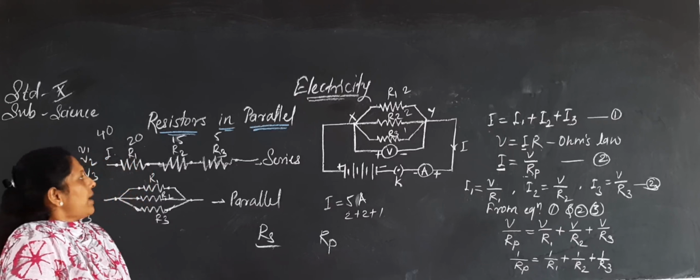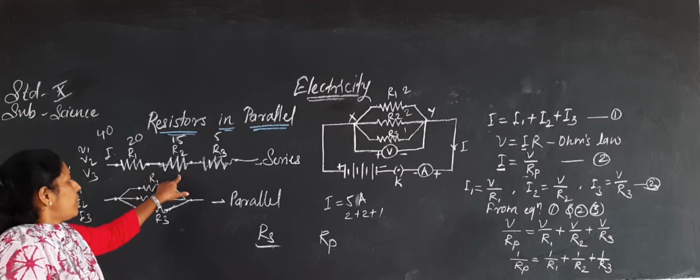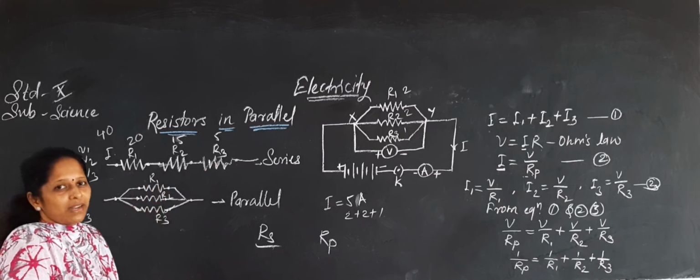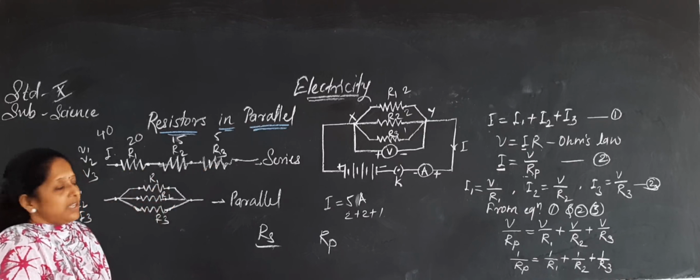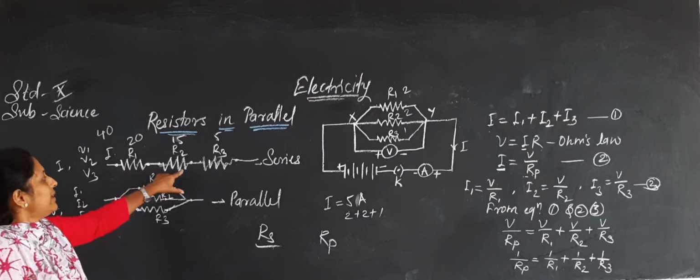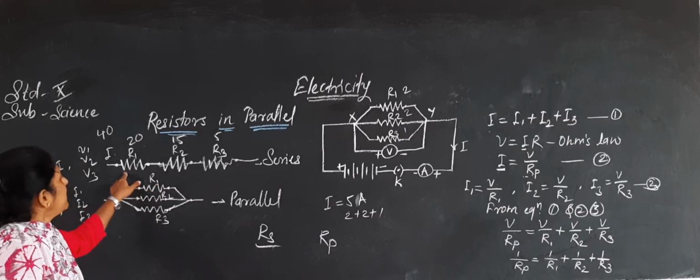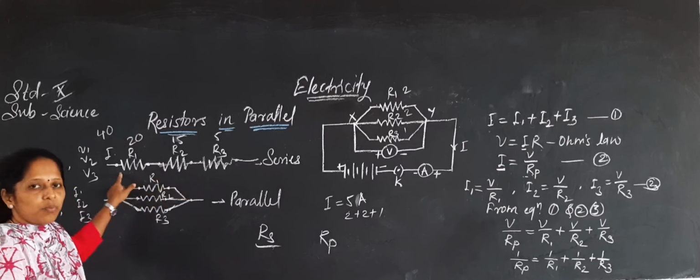Now, as you know, when we are joining a refrigerator, an iron, a washing machine or a mixer grinder, each one has a different current capacity, but in series the current flowing is the same.